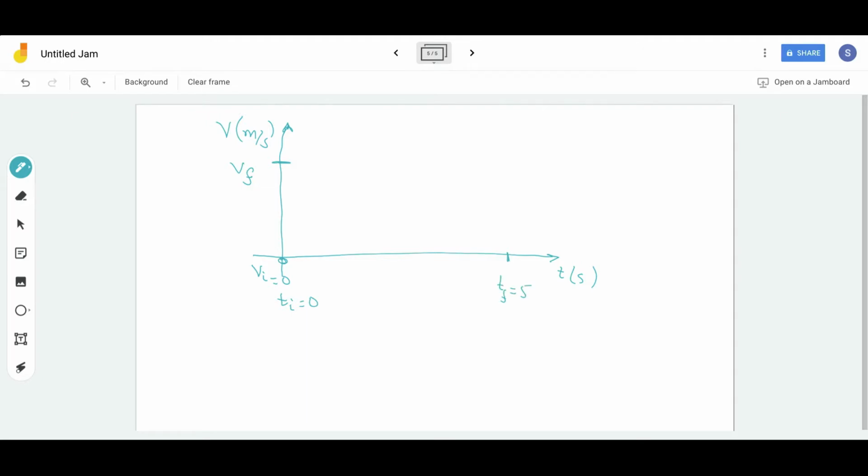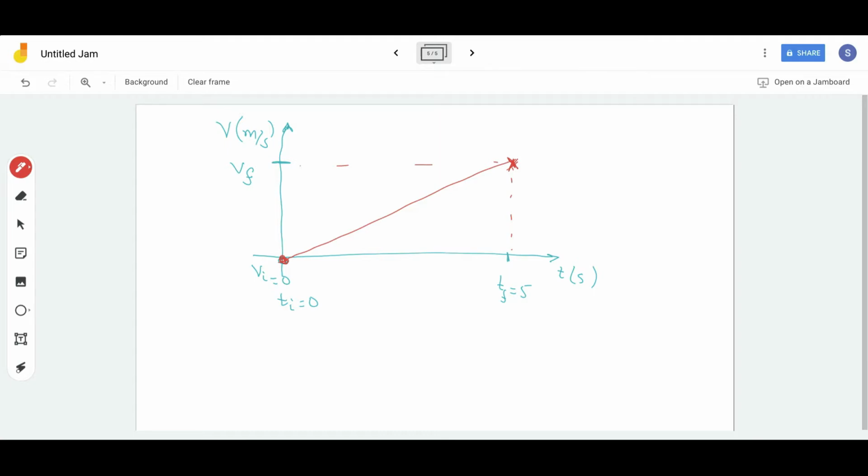What we've done so far is say that it starts at this point and finishes at this point, and we've connected these 2 points together. That's how our velocity is changing over time, which is a perfectly normal assumption here.